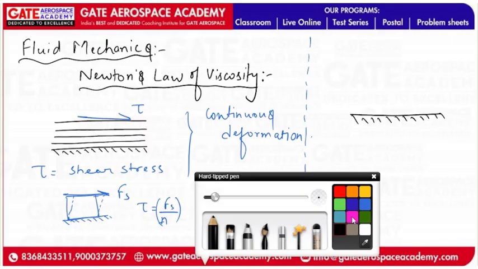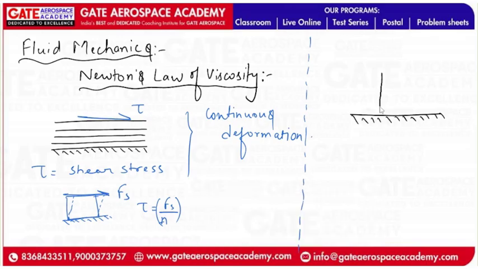So it tends to move in this direction only. Now if I draw the velocity profile, it goes something like this. The outermost layer has the maximum velocity, and then the inner layers have a velocity which is lower than the outermost one, and finally we have a layer having a velocity of 0.